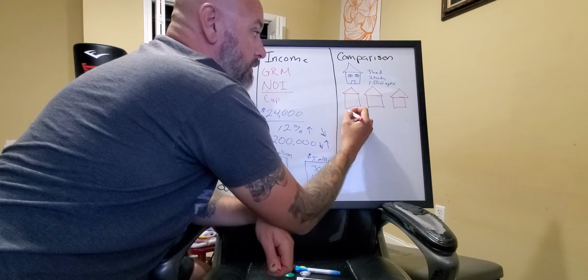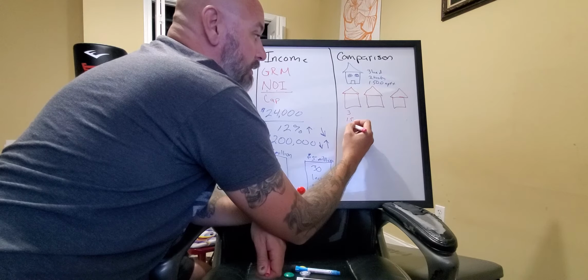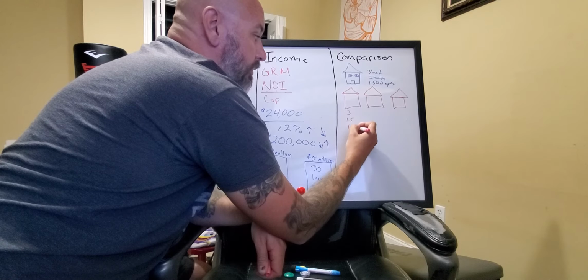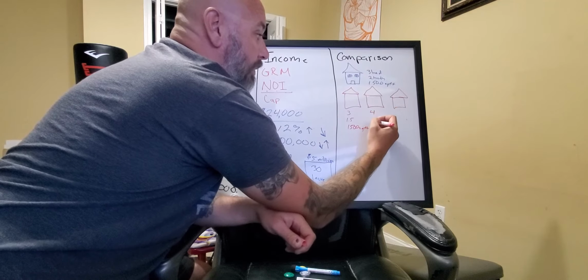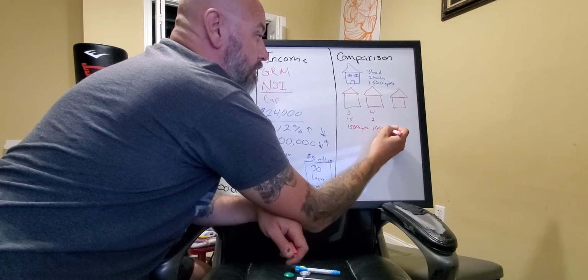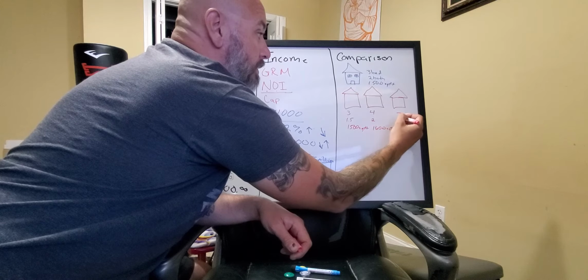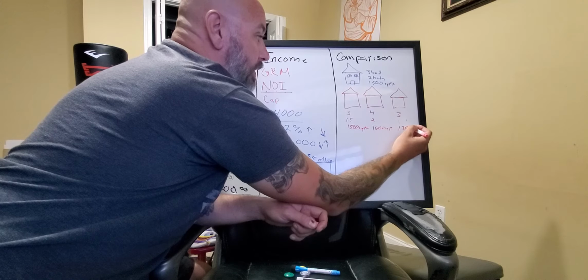Okay, so this one's a 3-bed and it's a 1.5 bath and it's 1,500 square foot. This one's a 4-bedroom, 2-bath and it's 1,600 square foot. This is a 3-bedroom, 1-bath and it's only 1,200 square feet.